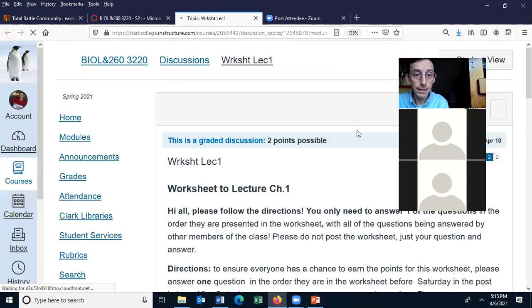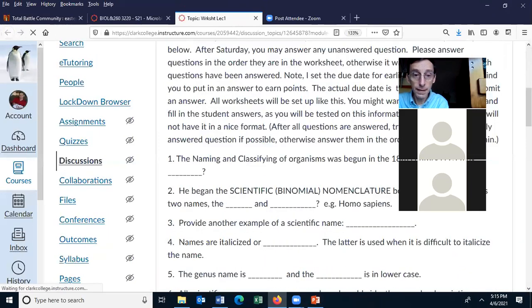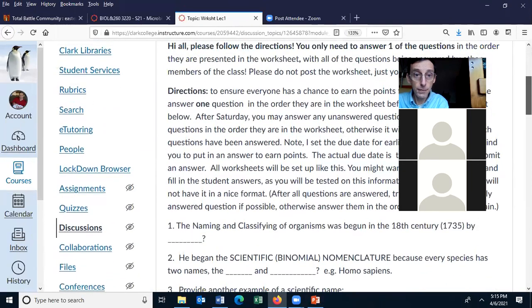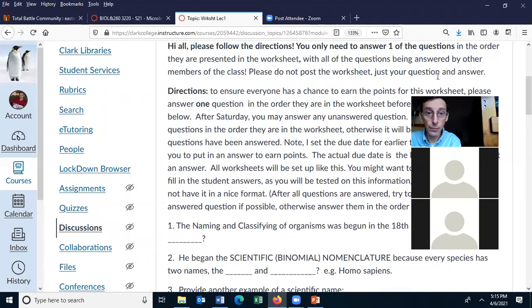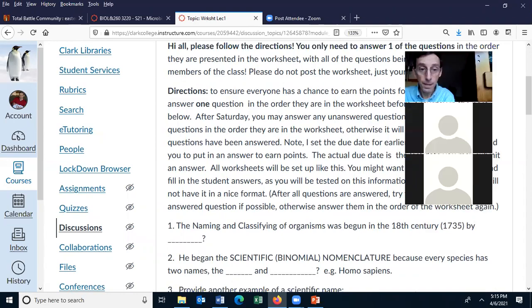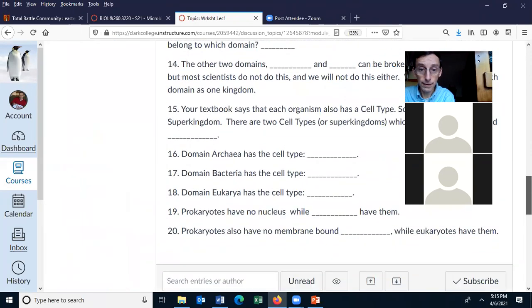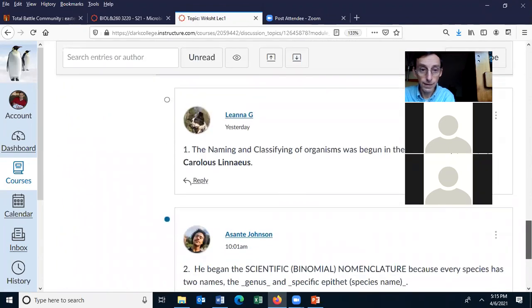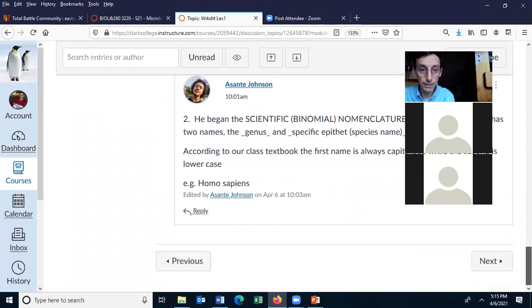So click on that link, and then all you do is answer one of the questions in the order they're presented. So if you're the first one answering, then you take question 1 and you click on the reply. Somebody's already done that, so you'd have to take question 3. And then you put in your answer.